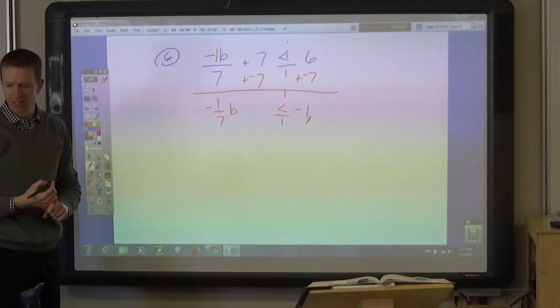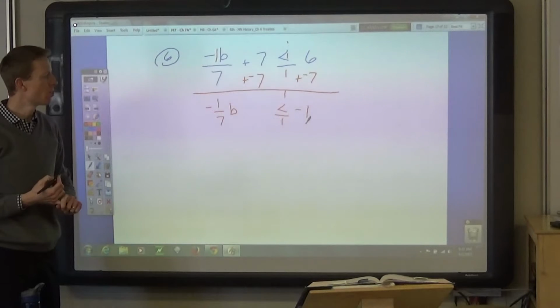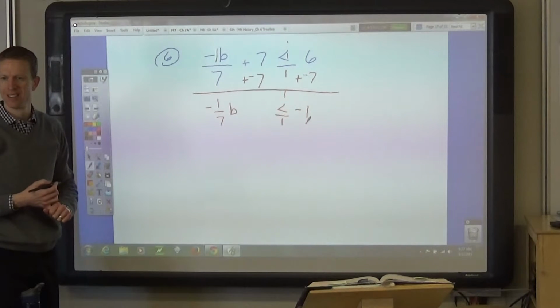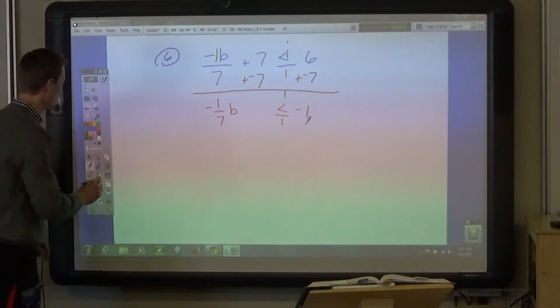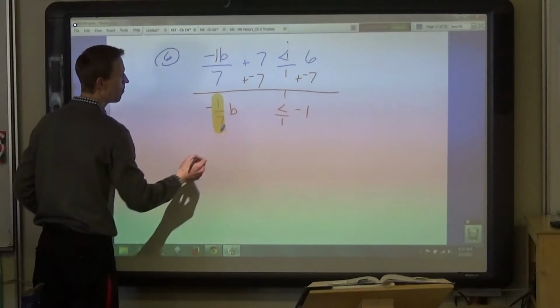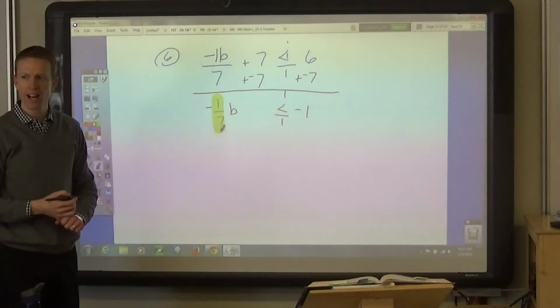Now what? Is our coefficient negative? Look at this number in front of b. Is that negative? Yeah. So what are we going to have to do at the end?